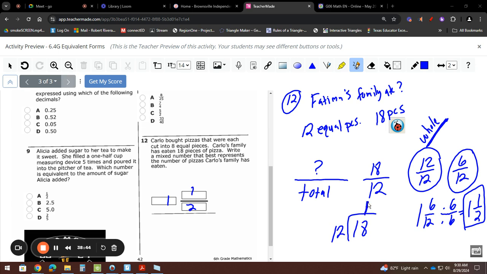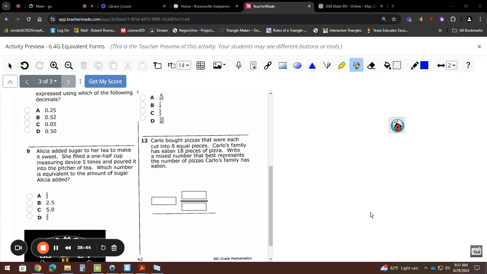So you know it's gonna be one whole, and you did this in elementary, I hope. This is one whole, the remainder is 6 out of the 12 pieces. Or you could have done decimal, add a 0, and you get 1.5. In this case, for Fatima's case. Now for Carlo, well, you have to go do that story.